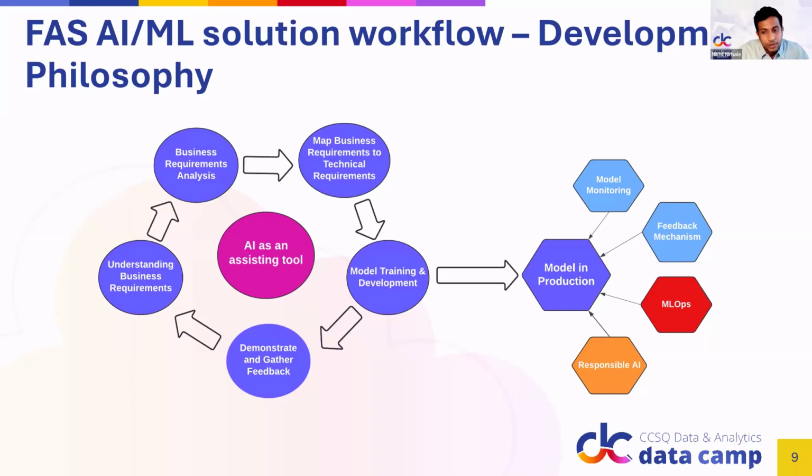Once that happens, a couple of other areas in machine learning have to go along with the model in production: model monitoring, and feedback mechanisms, so that you can keep collecting new data and new information and be up to date with the way a decision is made. Then there is ML operations, so that you can have all these processes of training and deployment automated.